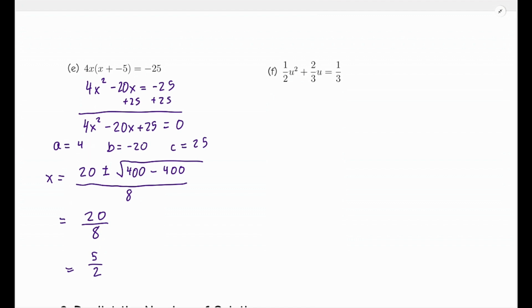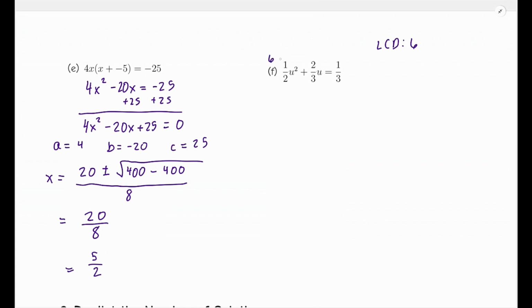Now the nice thing about the quadratic formula is when you have fractions, you can clear the denominators to get rid of them. So for this one, instead of getting in standard form first, I'm going to clear the denominators. So the LCD, which I'm hoping you're getting good at finding, is equal to 6.